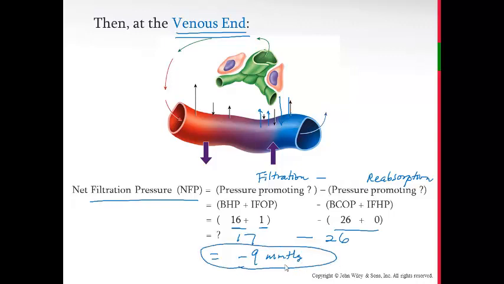So does this favor filtration or does it favor reabsorption? Right, it tells you at our venous end, where reabsorption is a much bigger number, reabsorption wins. So most of the things, for instance your waste product CO2, get removed from the tissue back into the blood, and eventually everything goes back to the heart.